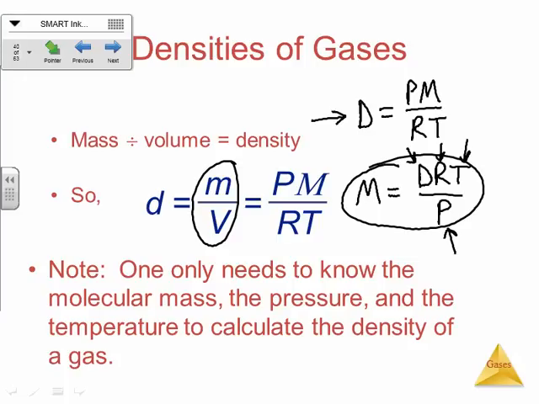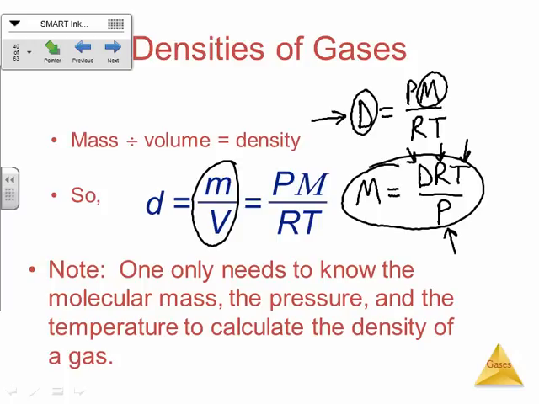The thing to notice here, which is kind of useful: all other things being equal, D and M are both on the top of their respective equations. If you remember from yesterday, when two things are on opposite sides of the equal sign, that means they're directly related. So as the molar mass increases, the density of a gas should also increase.